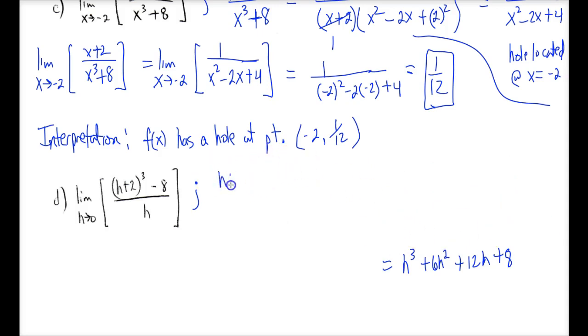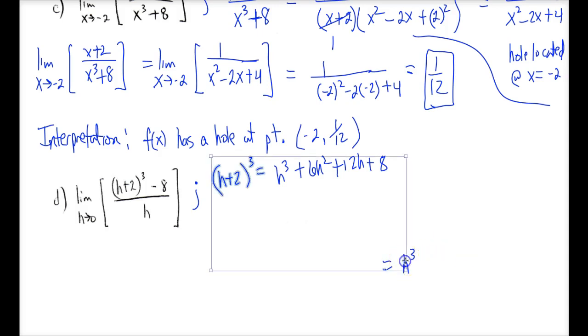And so we know here that (h plus 2) cubed is just going to be all this information here. So I'll just erase all that and rewrite it. So let's see, h cubed plus 6h squared plus 12h plus 8.